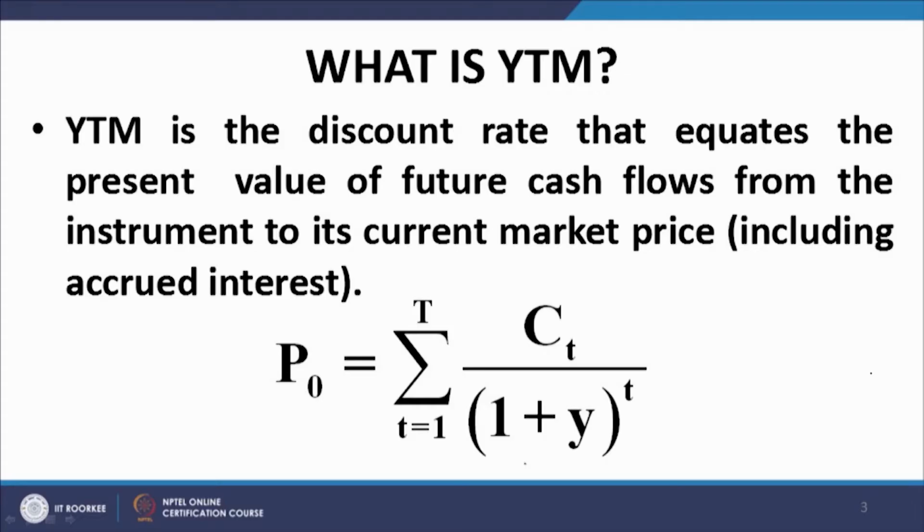I would like to emphasize at this point that YTM or Y in this equation is essentially the risk adjusted discount rate. In other words, Y encapsulates the riskiness in the realization of the cash flows from the financial instrument, from the bond. And you see, when we talk about investment, as I have emphasized again and again, we talk about a two-dimensional framework.